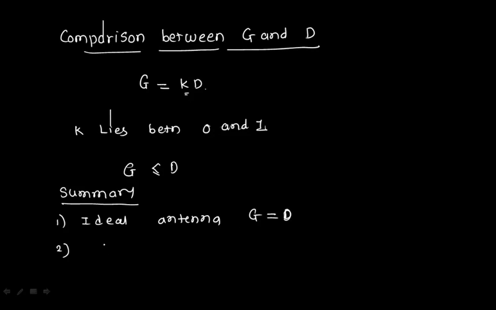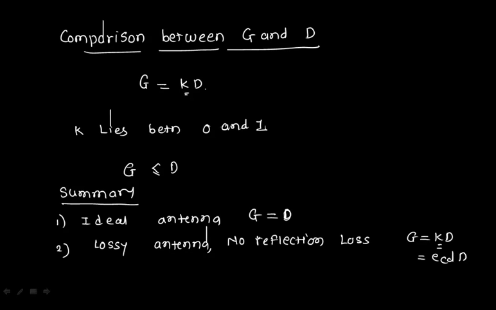Now what about the lossy antenna? I have a lossy antenna, but with no reflection loss, impedance matching is there. It is lossy but there is no reflection loss. So I can write G is equal to KD, where my K is nothing but the conduction dielectric efficiency. Now I'll consider another case. I have losses which include reflection loss.